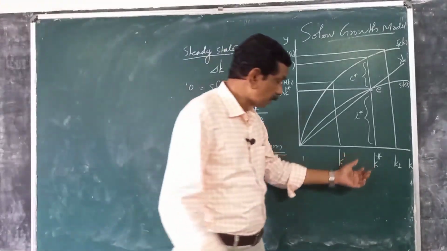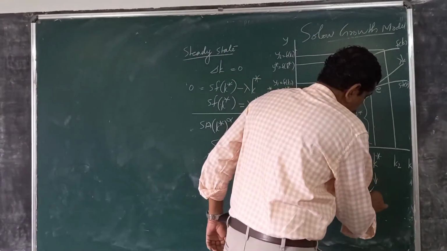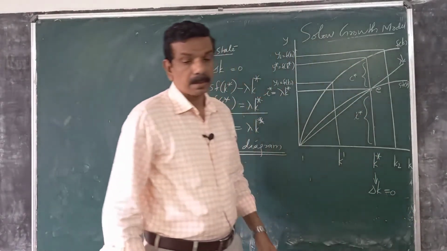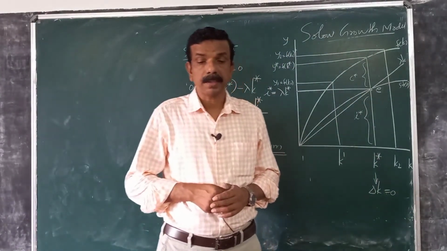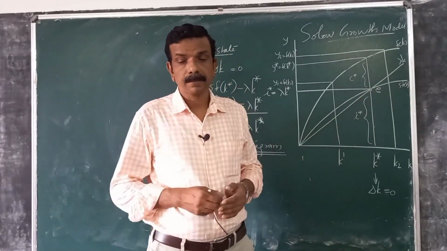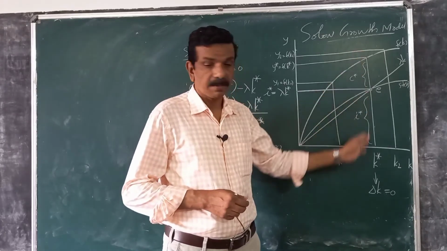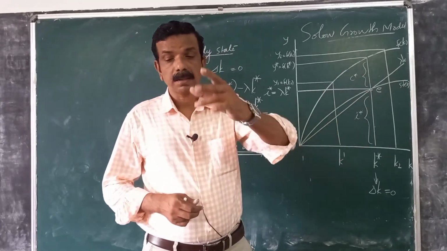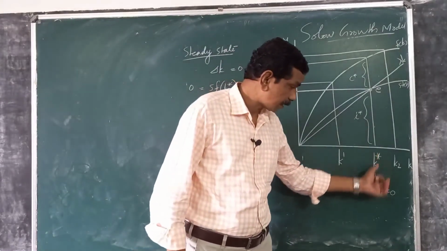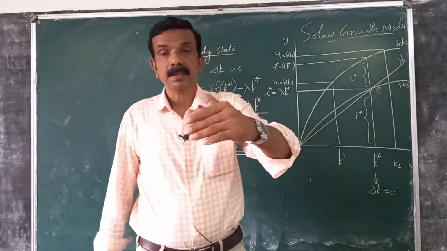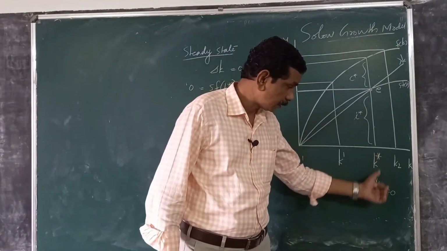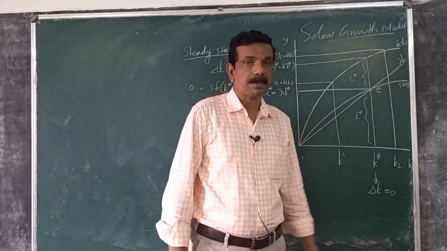That is, at k star, delta k is equal to 0. So that capital stock k by L and output F of k are steady over time. So we call k star the steady state level of capital.